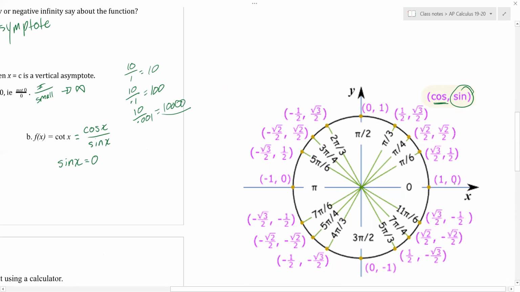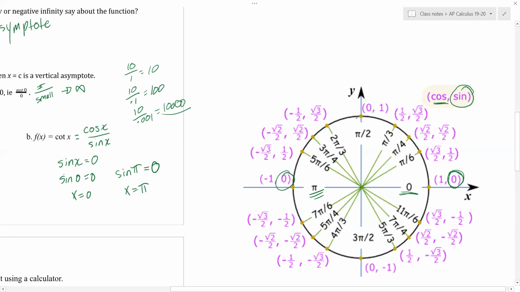So we want to find the angles where sine is 0. So one angle is 0. Sine of 0 is 0. There's another one here. Sine of pi equals 0. So we get x equals 0 and x equals pi.